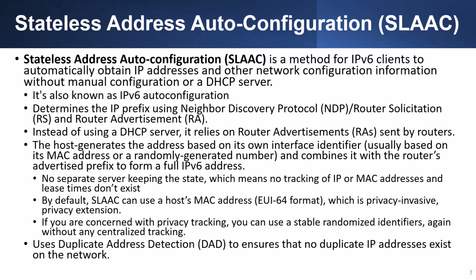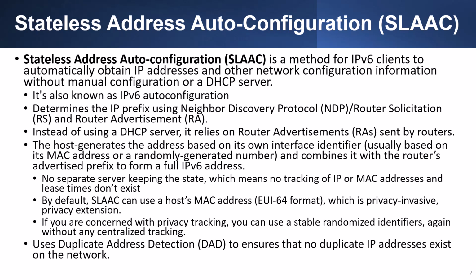The host generates the address based on its own interface identifier, usually based on the MAC address or a randomly generated number, and combines it with the router's advertised prefix to form a full IP version 6 address. There is no separate server keeping the state, which means no tracking of IP or MAC addresses, and lease times don't exist.